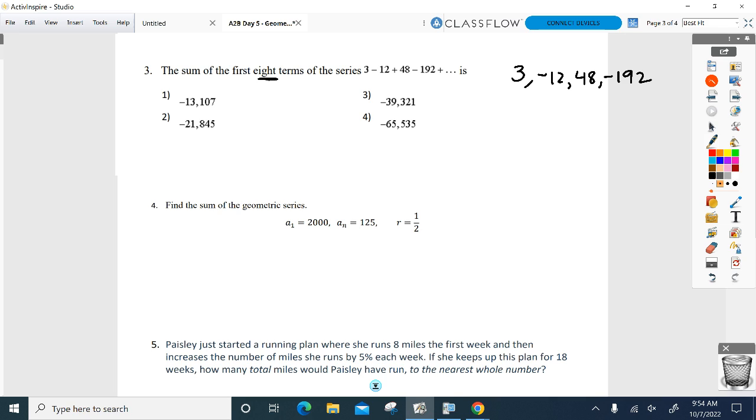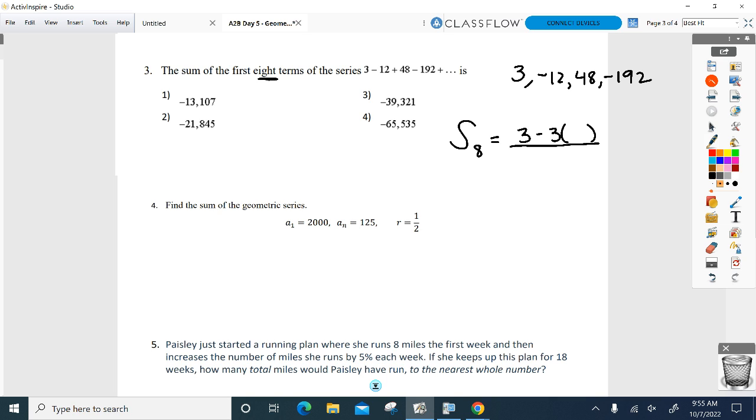Now, I know some of you could just find the pattern and add them all up, and that's fine, but I want to use the formula. So here we go. The sum of the first 8 equals, use your formula off the formula sheet. I'm not doing anything different here. I'm following my formula sheet. 3 minus 3. You guys know what you're multiplying by for that R value?